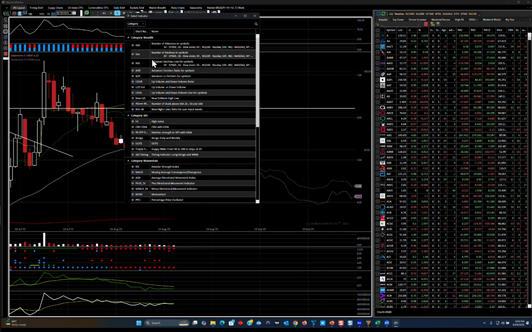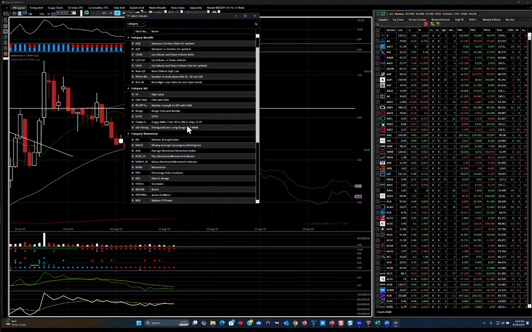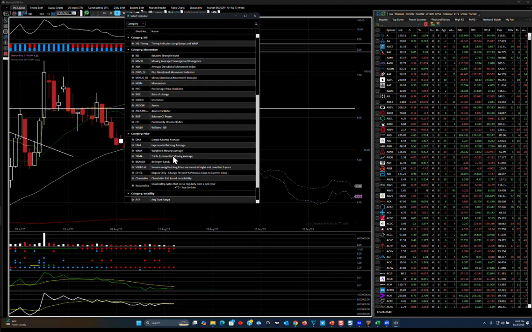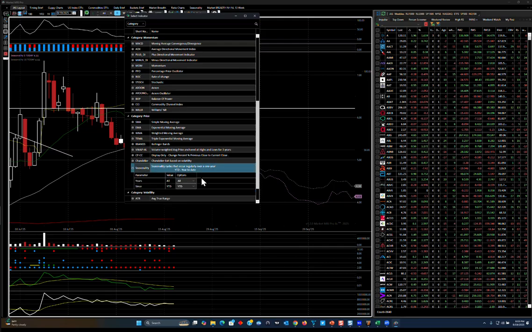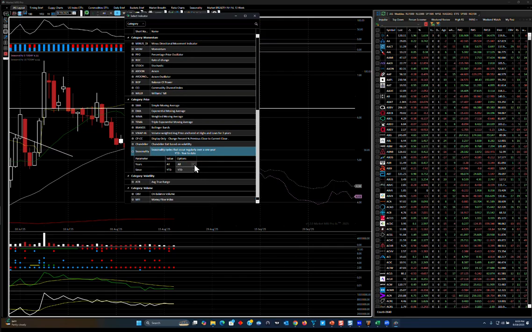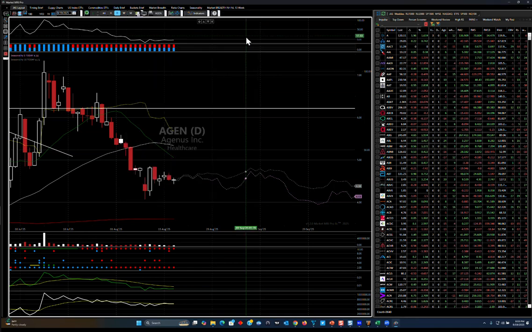You go under indicators, under price. When you add it, you have some choices you can make. You could look at forever, and when you put it on the program, you can choose how many years: 5, 10, 15, 20. I forgot you have to put it on the program first. So let me show you that inside the program.